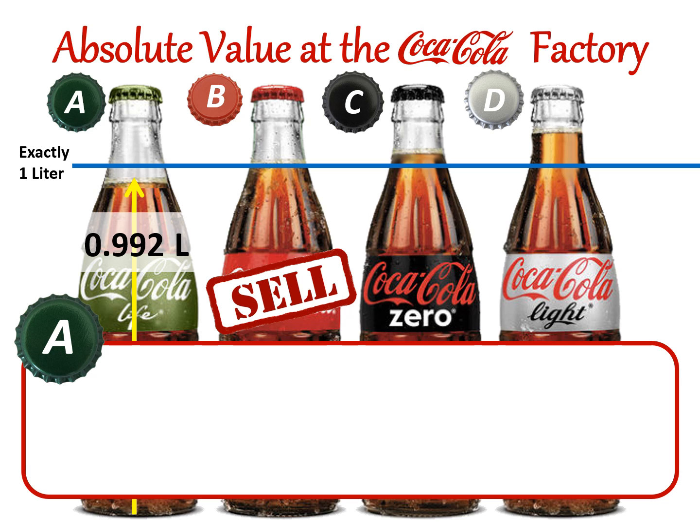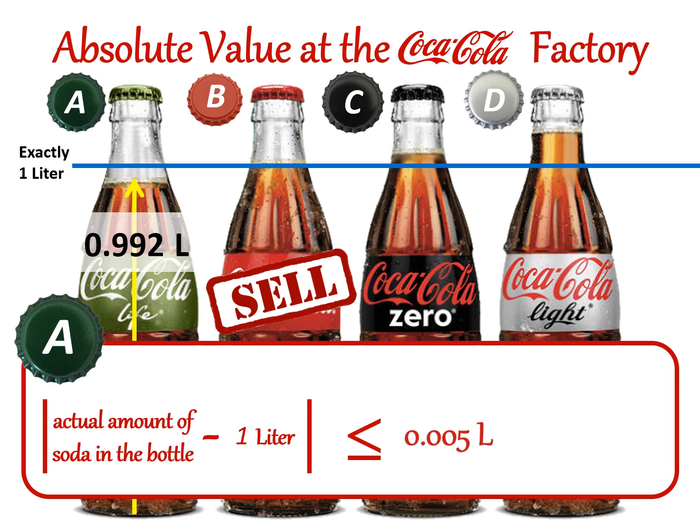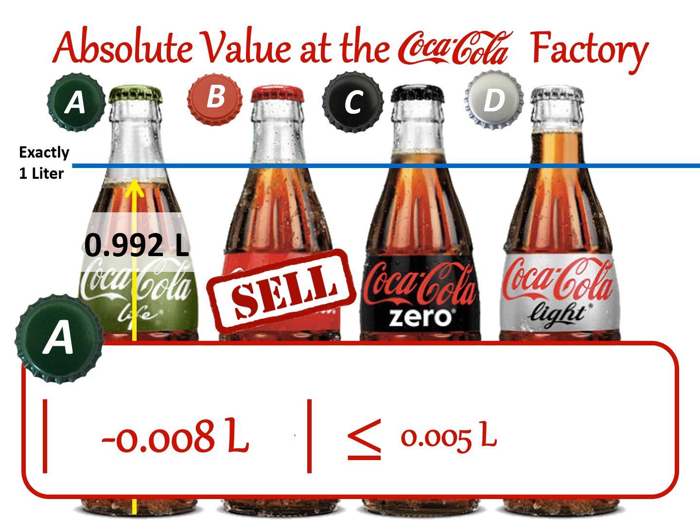Let's take a look at our formula. The actual amount of soda in the bottle is 0.992 of a liter. We're going to find the difference between that and 1 liter: negative 8 thousandths of a liter.